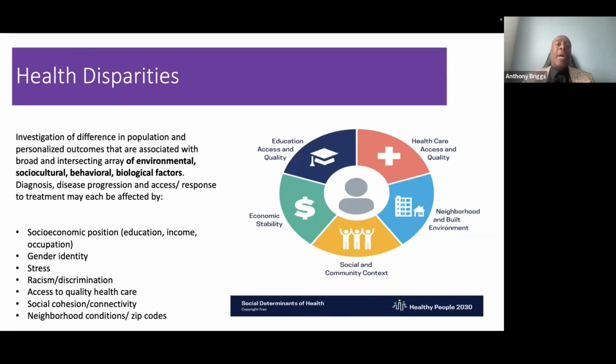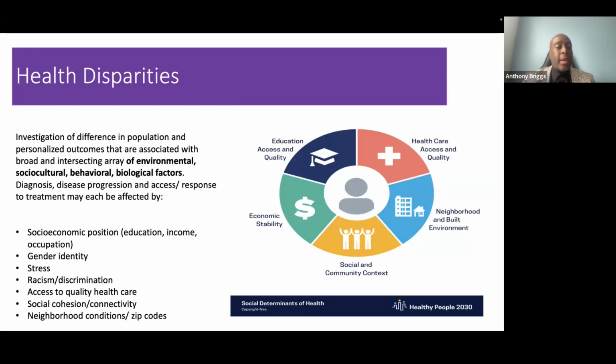She has monitored these patients and their brain health over time, and has seen that for some of these individuals there is an association of segregation, racism and discrimination with cognitive decline or dementia. So there are some studies out there, but I just wanted to put that out there.